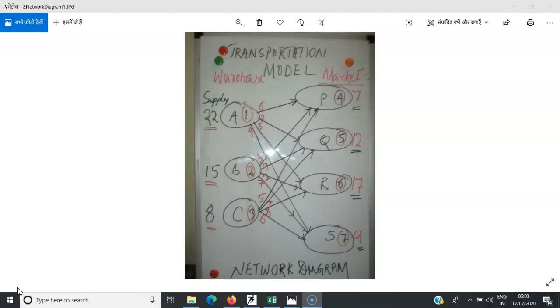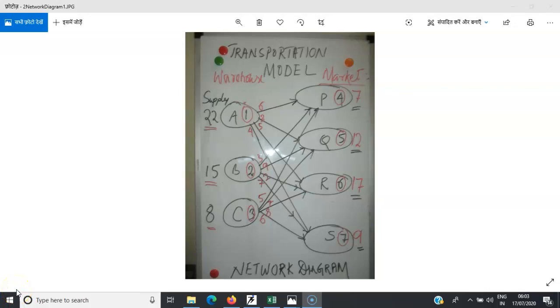That is the supply constraint of the different warehouses, and the receiving requirements are 7, 12, 17 and 9 by PQRS, and the costs of transportation for the different routes are also mentioned here. So it's a simple representation of our total transportation scenario through this transportation model, or network diagram.